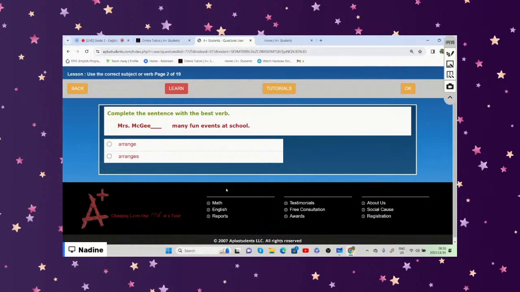And remember, a singular subject refers to a singular verb. Yes, and it's arranges because a singular verb ends in s, es, or ies. So the second one is correct. So well done.